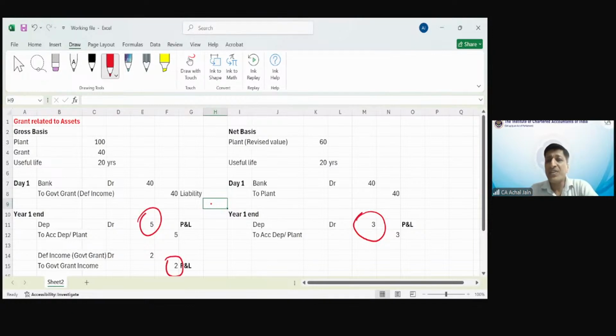On a net basis, the P&L impact is the same. Is there any change in the P&L impact? No. So whether you follow gross basis or net basis, in both cases the P&L impact will remain the same. Clear?